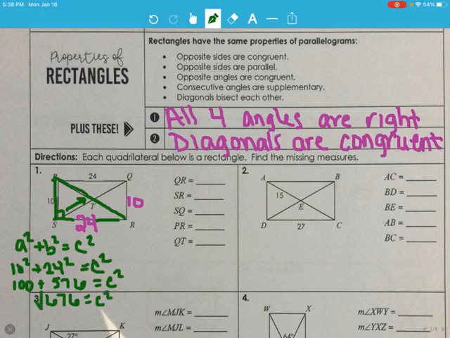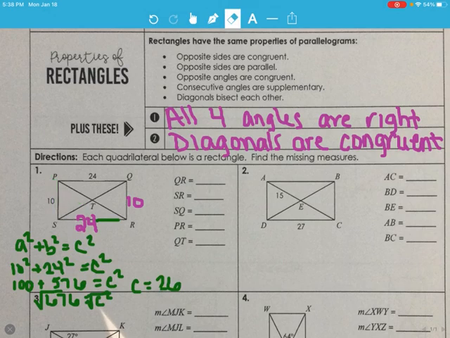And then remember, we want the square root. So c will equal 26. Now that I know this diagonal, I know both diagonals. So erase all of this. This whole green side is 26, which means the other one is 26.